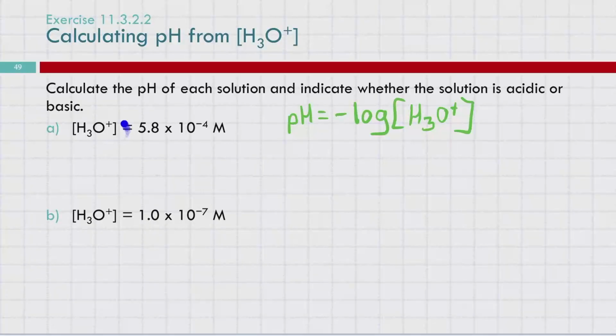So if we want to calculate the pH for this first solution, we say calculator. Please calculate negative log 5.8 times 10 to the minus 4. You can also use the small capital E here, but let's write it out.